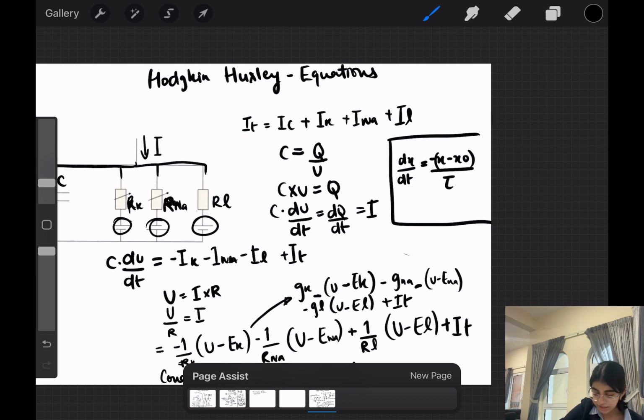The negative sign here means that x tends to x0 exponentially, as x0 is more stable, with the time constant tau.